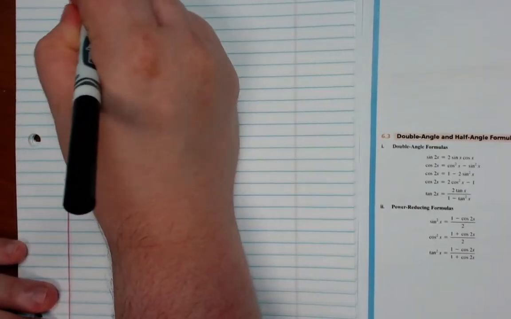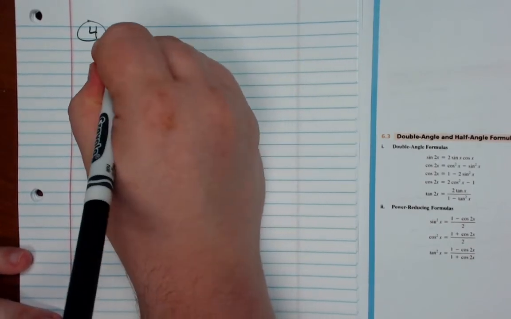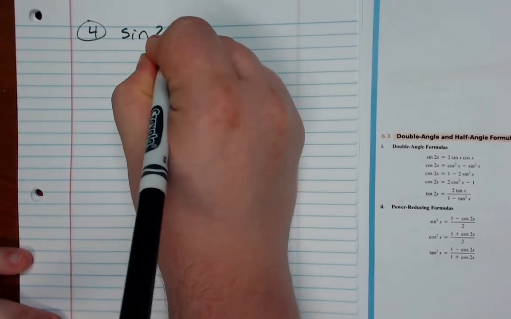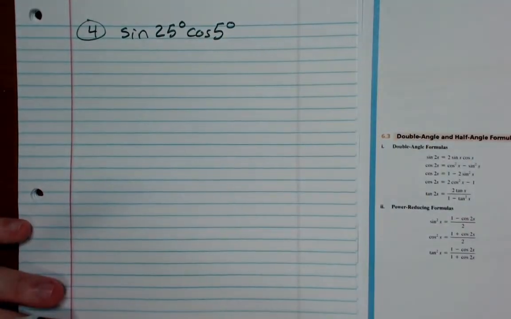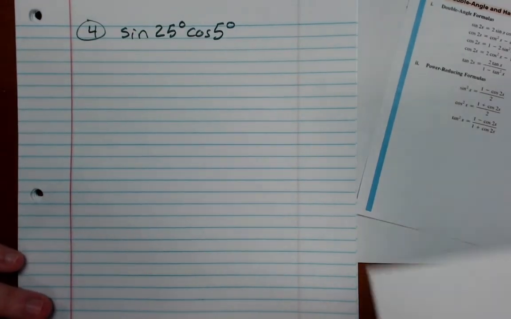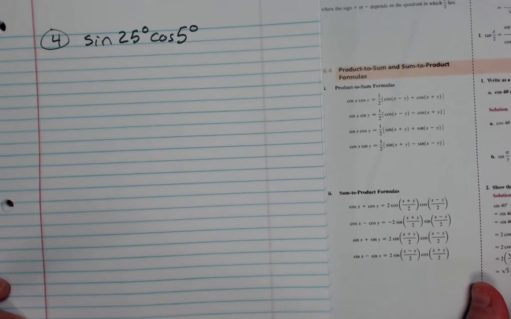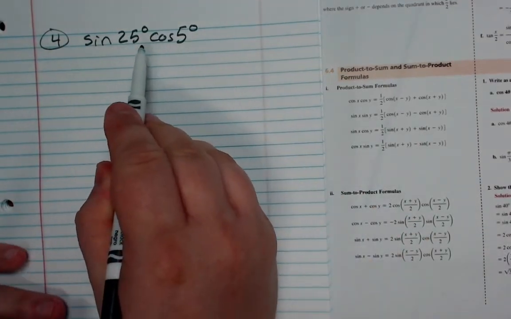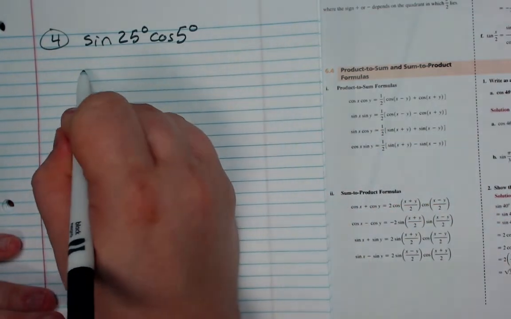Another example, maybe working with some actual numbers: sine 25 degrees cos 5 degrees. And so here are our product to sum formulas. We have sine and cosine, so sine x cosine y.